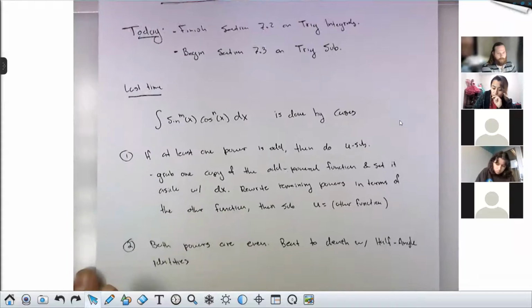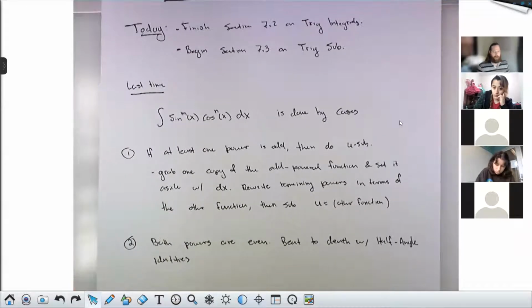And if you look at your notes from the other day, I gave you a big list of trig identities that we're going to use in this section. One of those families of identities were half angle identities for sine and cosine. So I'm going to begin here by looking at one of the cases where the powers are both even.